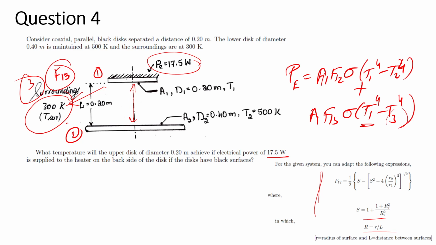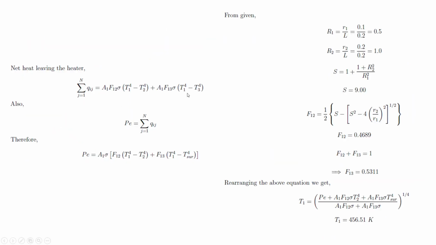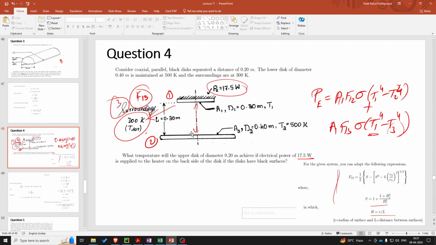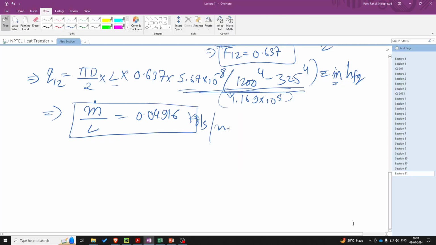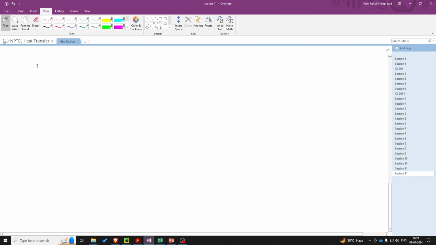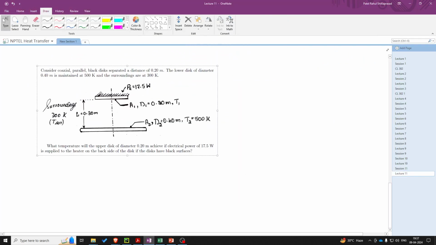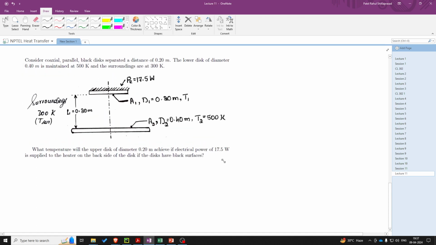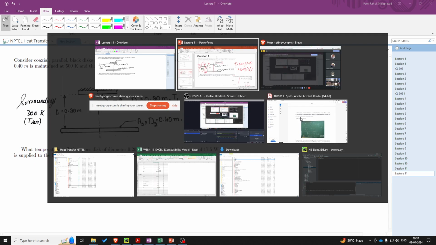So try solving this, and I will again share the solution with you. For such complex geometries, the formula for the view factor should be given.